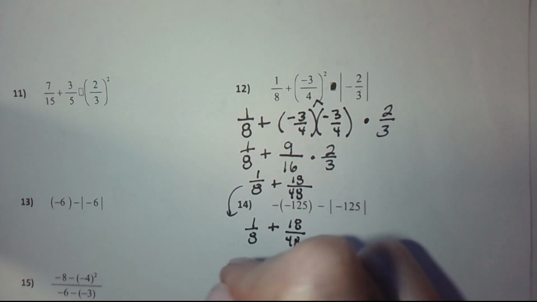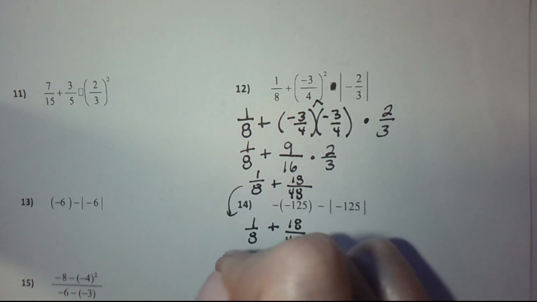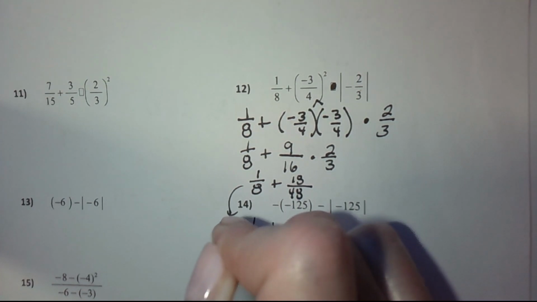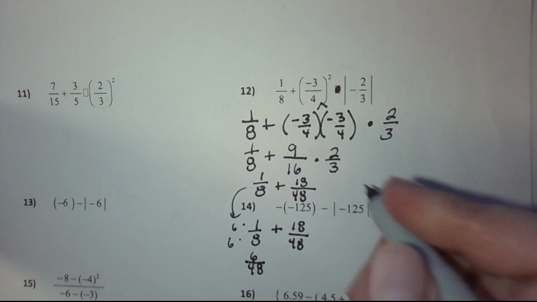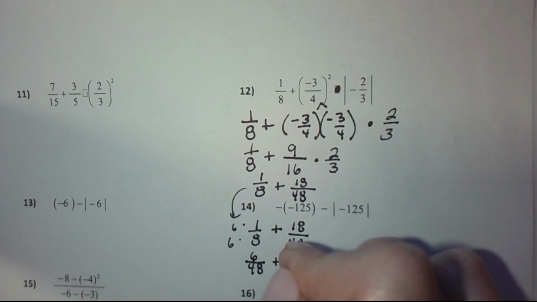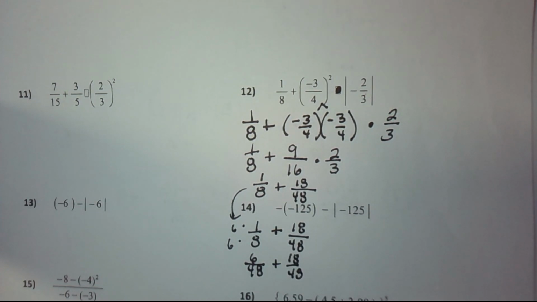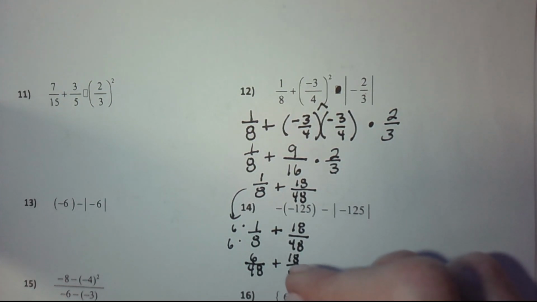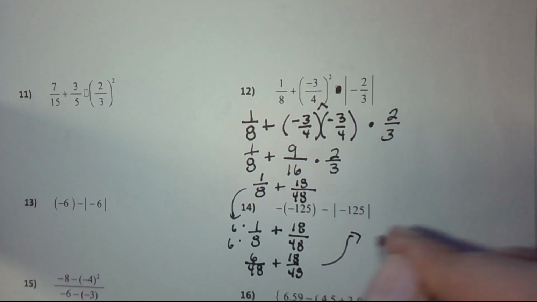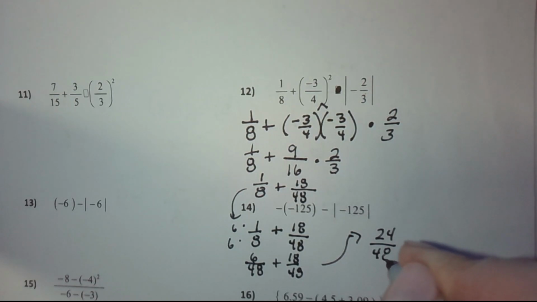So why not just use 48 as a common denominator? Okay, and 6 times 8 is 48. So 6 times 1 up here is 6 plus 18. Now I have a common denominator, so I can just add the tops. 6 plus 18 is 24 over 48.